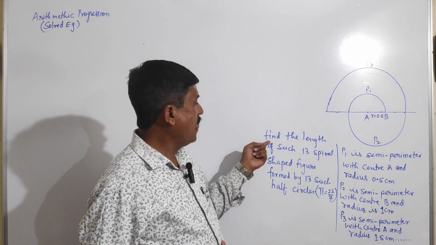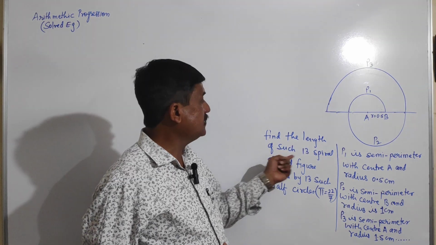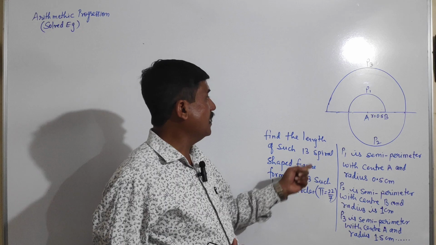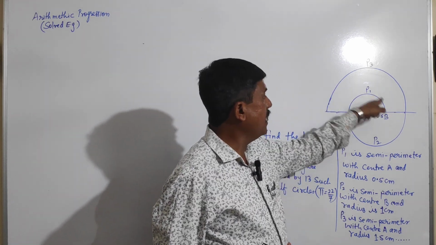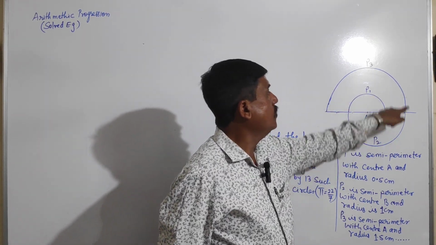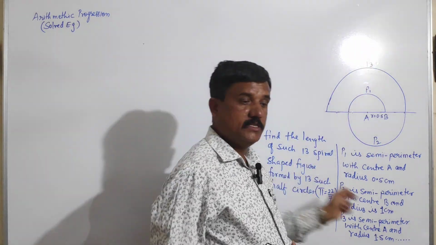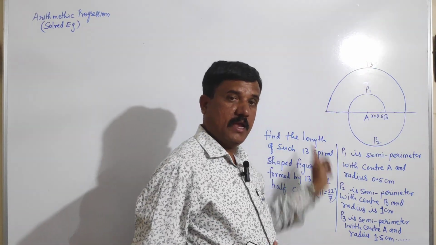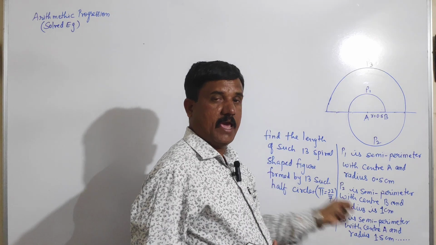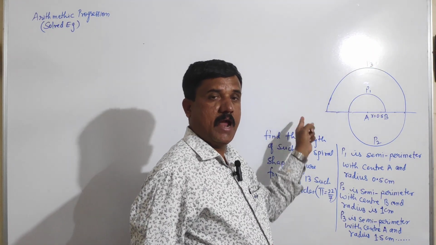What is the question? Find the length of such 13 spiral shaped figure, which is 1, 2, 3, 4, 5, 6, 7, 8, 9, 10, 11, 12 and 13.